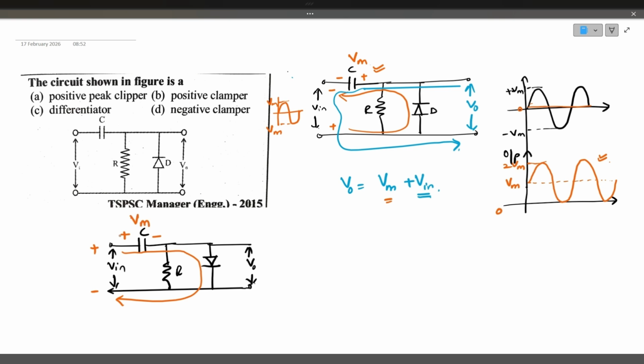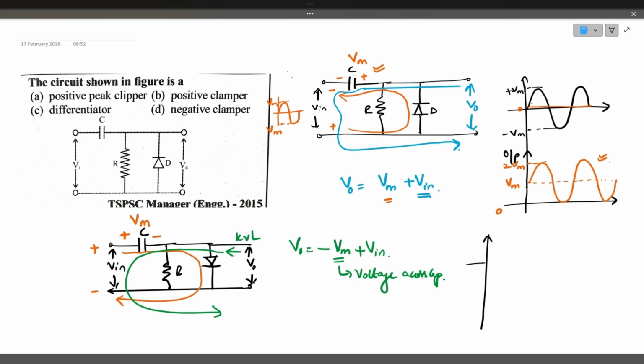From the further cycles onwards, if you apply KVL, Kirchhoff's voltage law, the output voltage is minus Vm plus Vin. This minus Vm is nothing but the voltage across the capacitor.